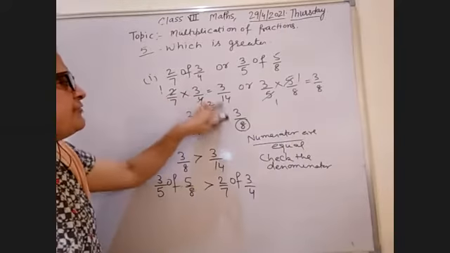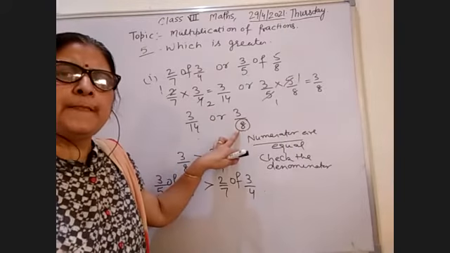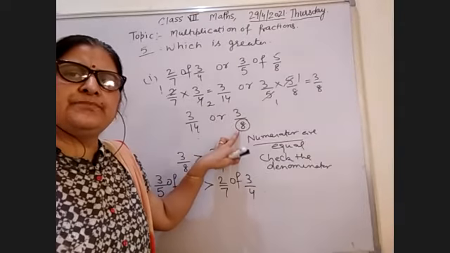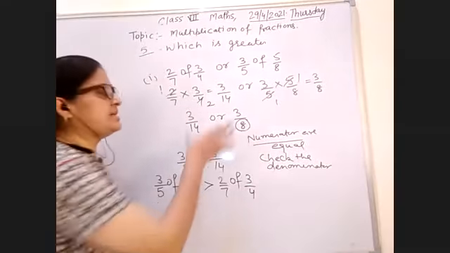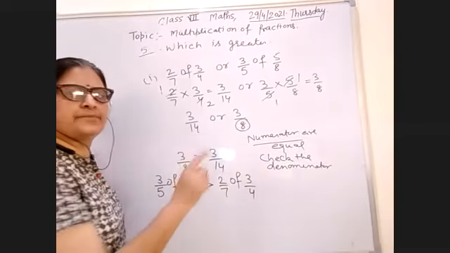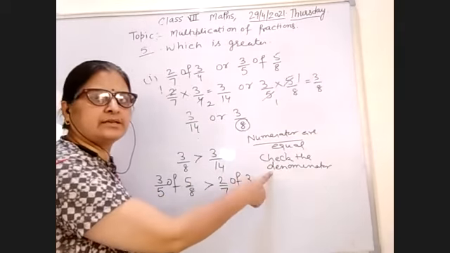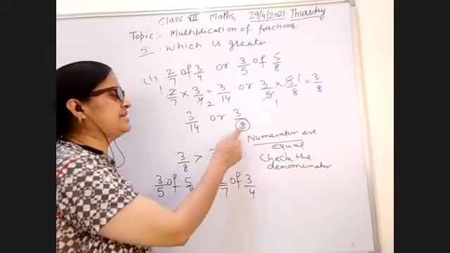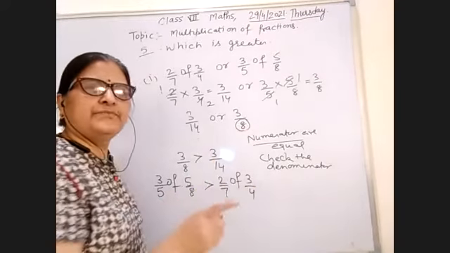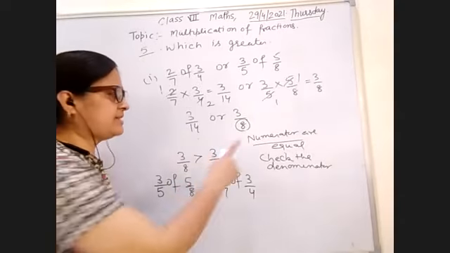Now 3/14 or 3/8. How will you check which is greater? Don't take the LCM or change into equivalent fractions. You will only judge by seeing the numerator. When the numerators are equal, then you check the denominator. You see which is lesser, that is the greater part.